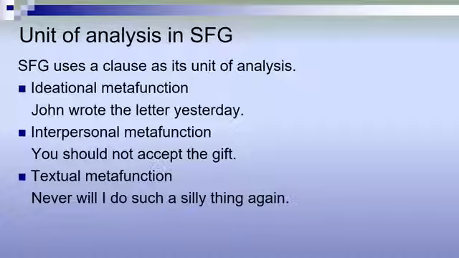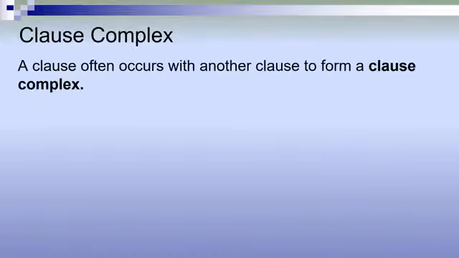A clause in a normal occurrence, however, does not usually occur singly, but occurs with other clauses and forms a clause complex. A clause often occurs with another clause and forms a clause complex.